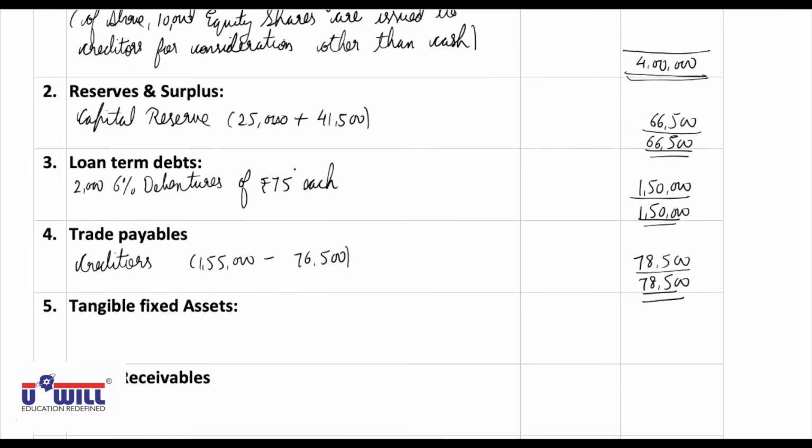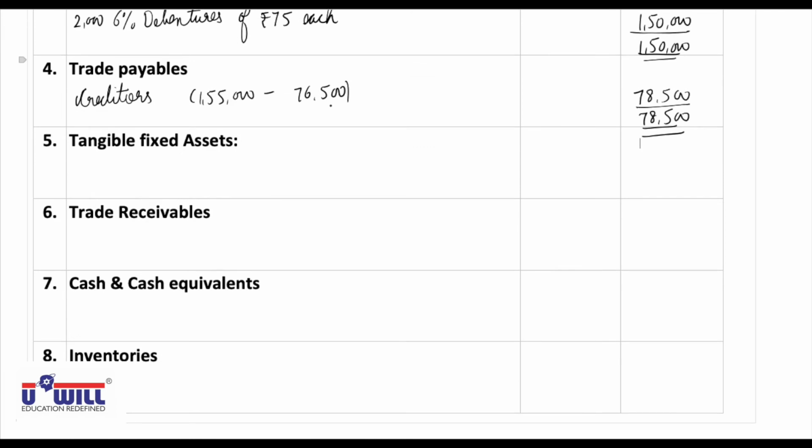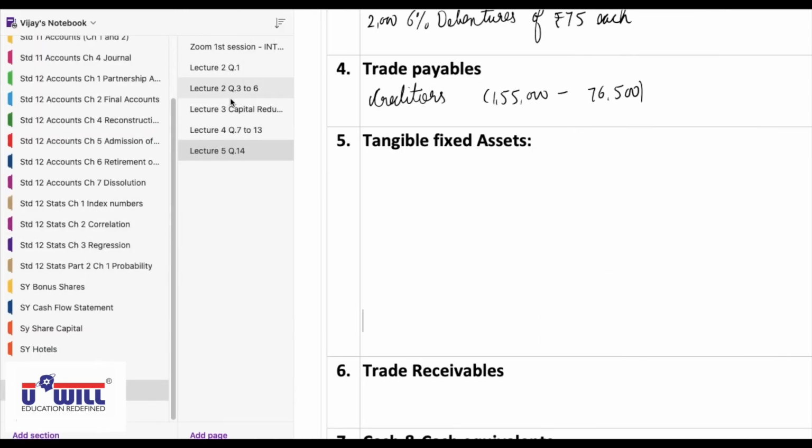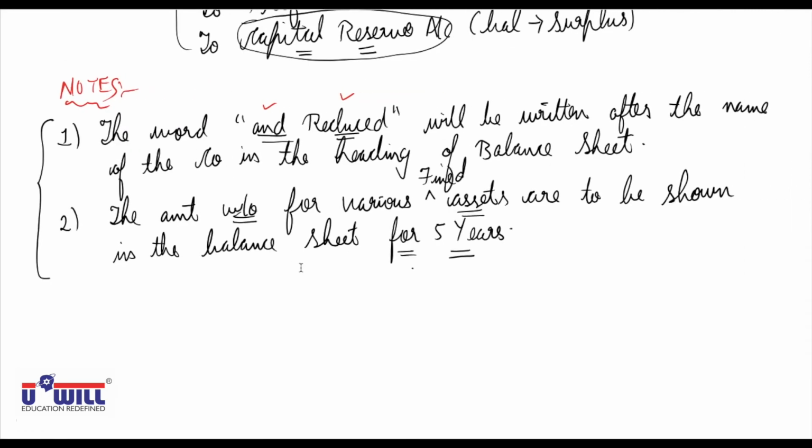Now tangible fixed assets. All of you have to remember one thing: whatever amount is written off, particularly for fixed assets, as we did in the previous lecture, has to be shown in the balance sheet for 5 years.